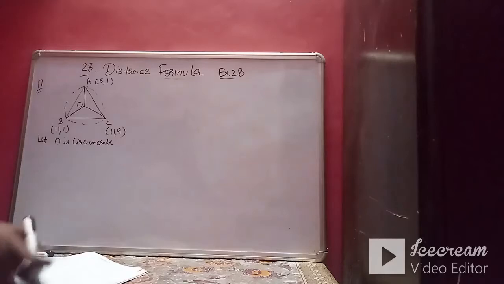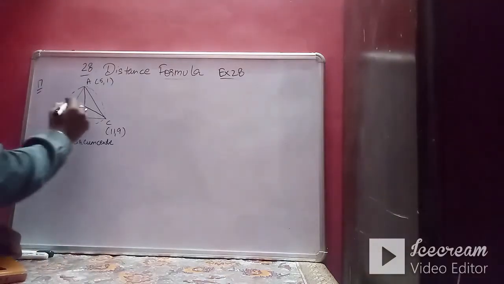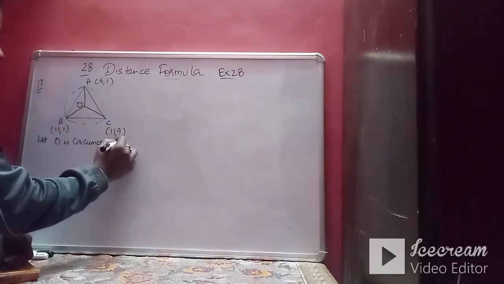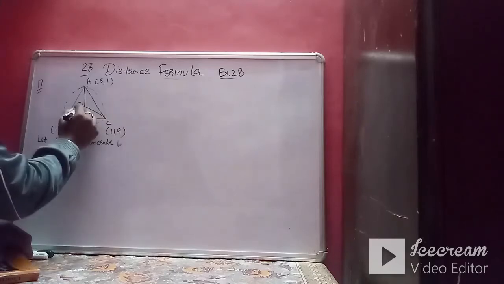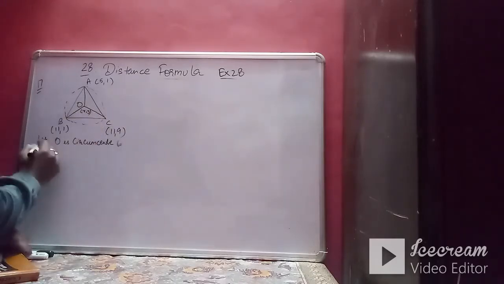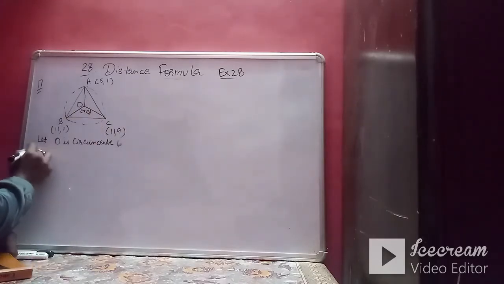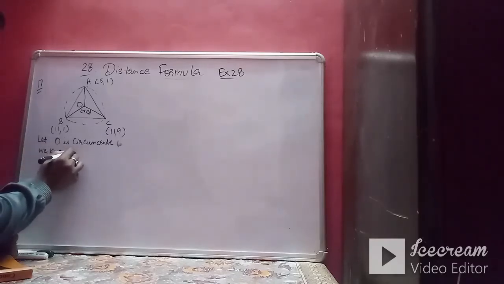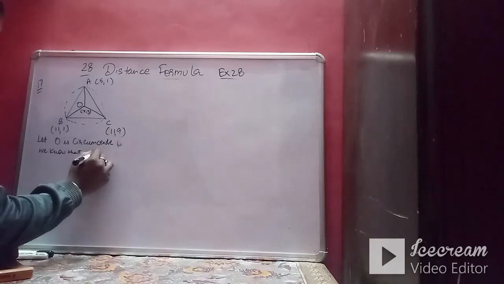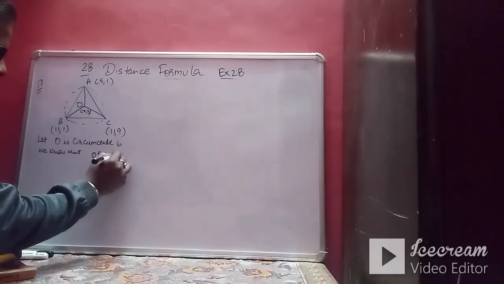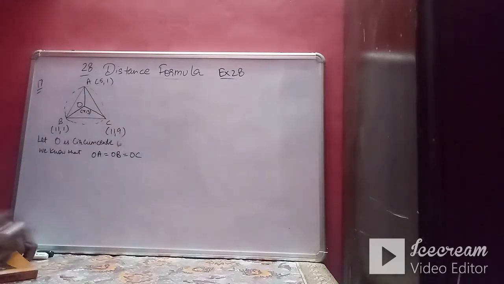So the property of circumcenter is, let the coordinate be (x, y). So we know that OA equals OB equals OC.